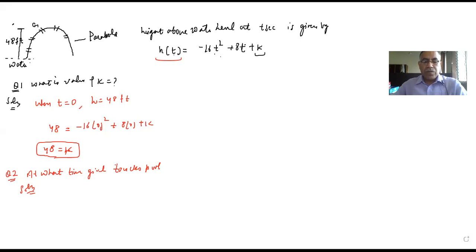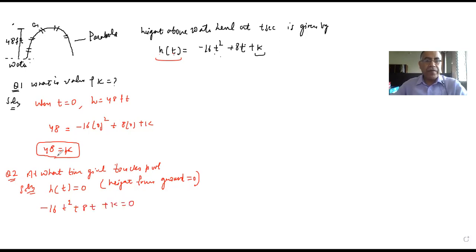So the girl will touch the pool, but it implies that height from the ground must be 0. Height from the ground must be 0. So what it means? h(t) must be 0. So minus 16t square plus 8t plus k must be equal to 0.